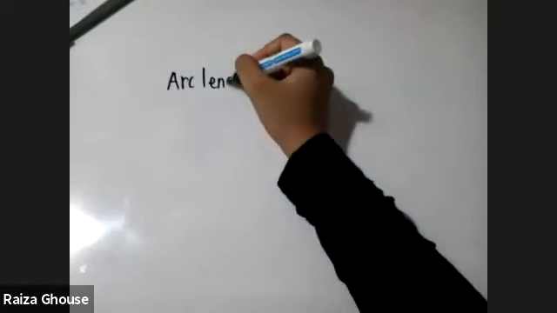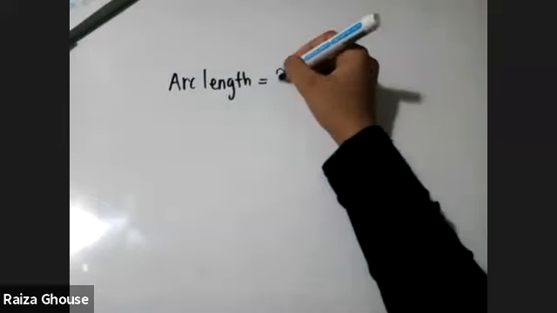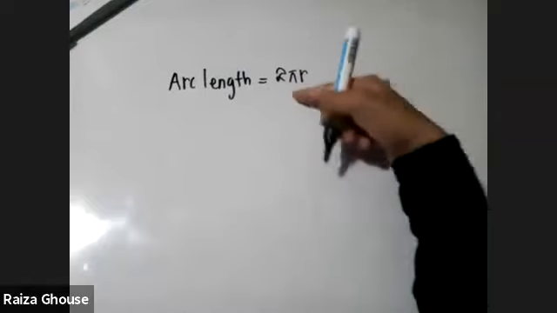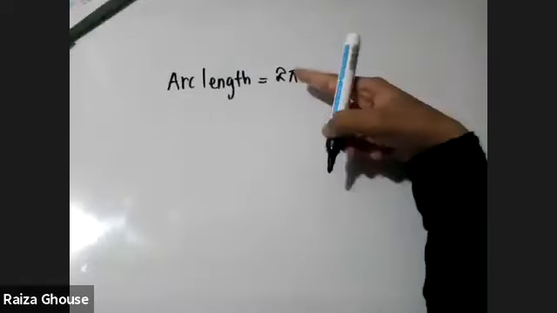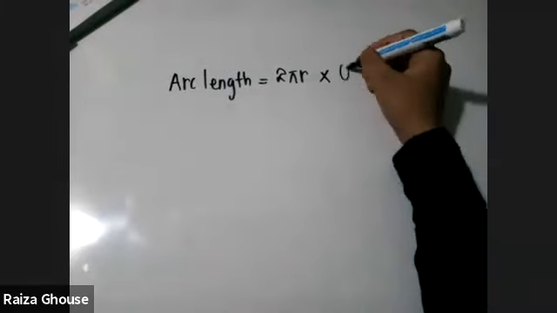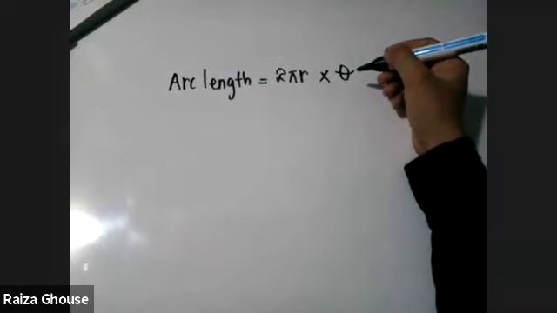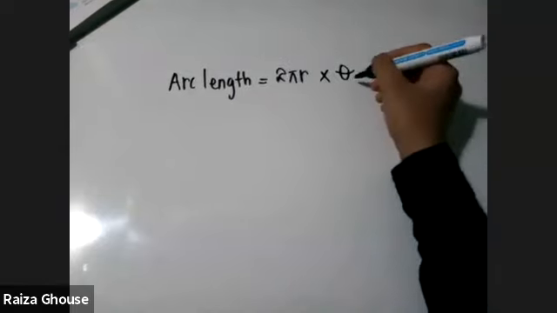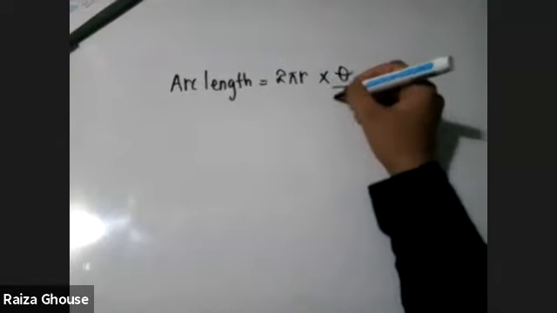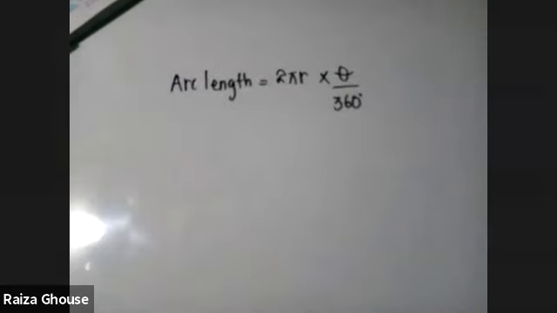If you need to find the arc length of a sector, what you have to do? 2 pi r, this is the circumference equation, 2 pi r into the sector angle in the middle. I told you, theta. Any angle you can get: 30 degrees, 60 degrees, 90 degrees, any angle. And the total angle of a circle, you know, is 360 degrees.